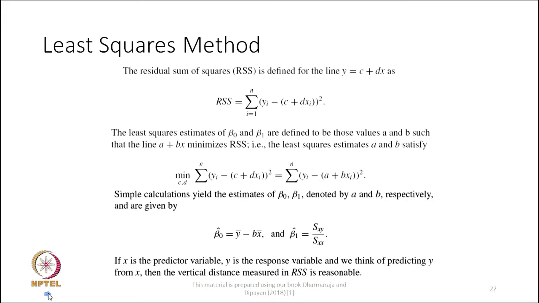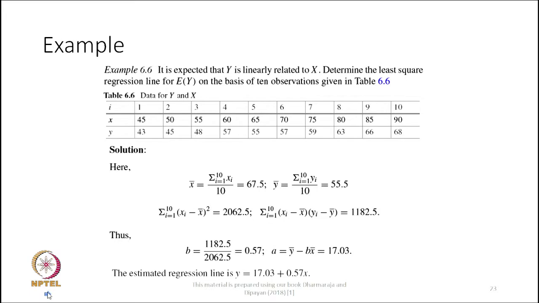Already we said that x is the predictor variable and y is the response variable. Then we can think of predicting y from x. Then the vertical distance measuring the residual sum of squares is reasonable. Let us see a simple example.